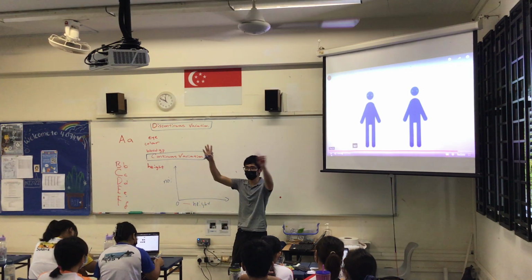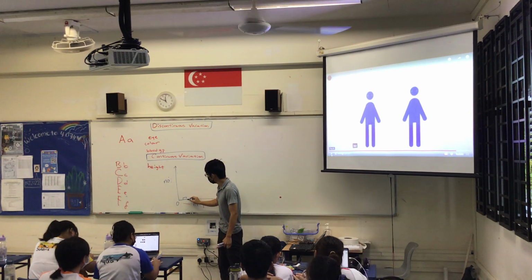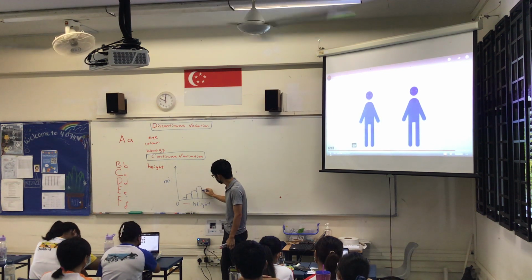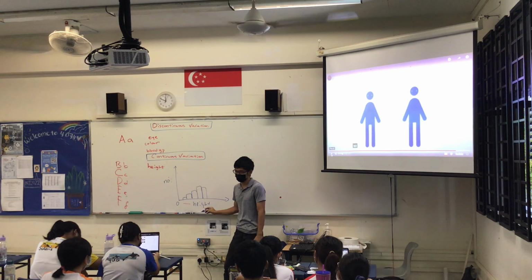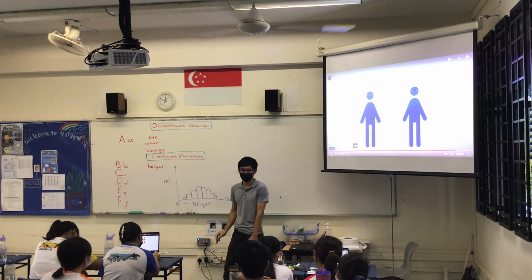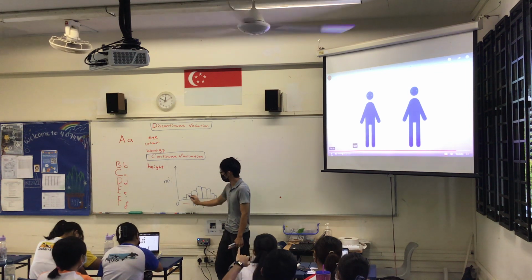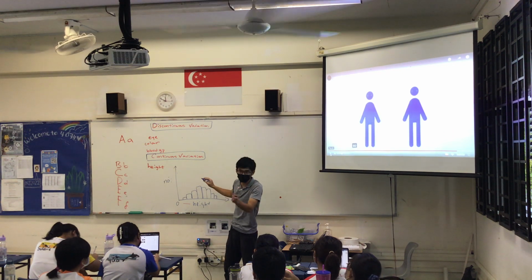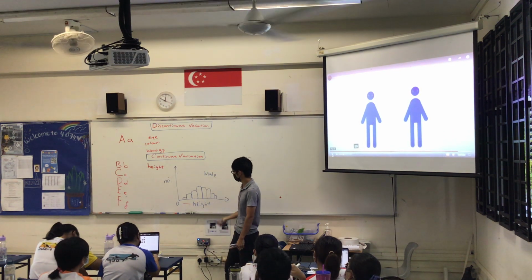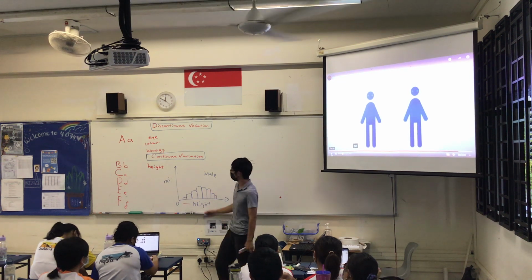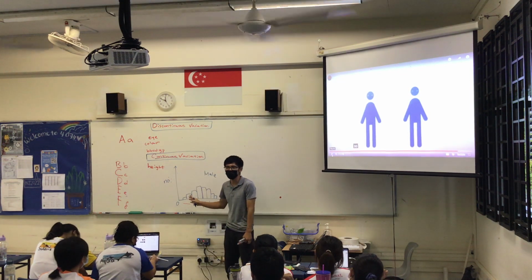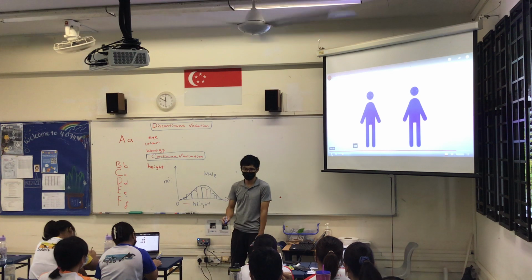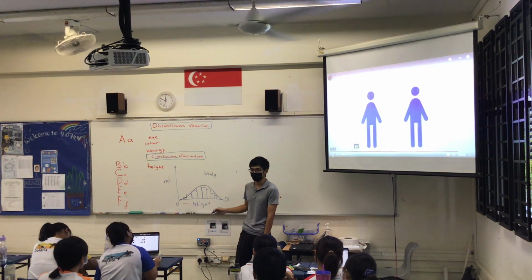You find that in the population, we have very few individuals in this region, we have more here, but the majority of the population tends to be in this range of height. We have some extremes, where some individuals are extremely tall, some extremely short, but a lot of the population are in this region. Let's say for one gender, maybe male. We say this kind of variation is a continuous variation because we do not see any clear-cut variation. There is a range of different heights. This is a bell curve.